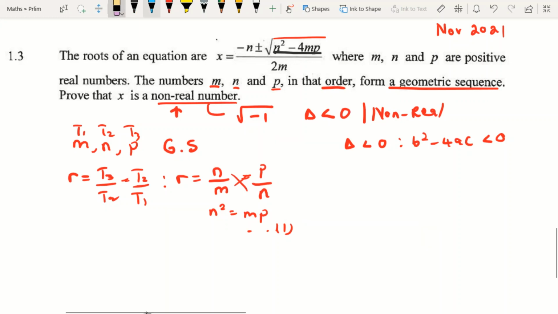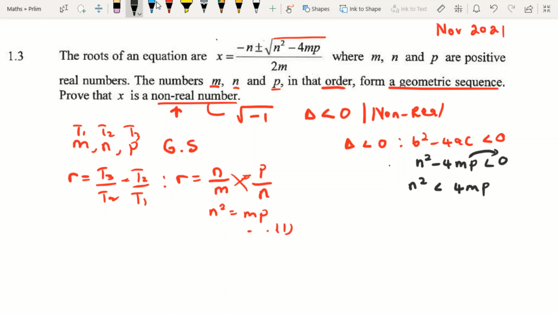Which in this case is n squared minus 4mp, and it's less than 0. Then you transpose this to the other side, you have n squared is less than 4mp. Then you divide by 4 both sides, and n squared over 4 is less than mp, right? You can write it like this, but let's leave it like this for now.